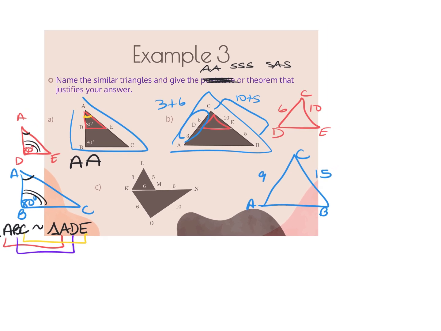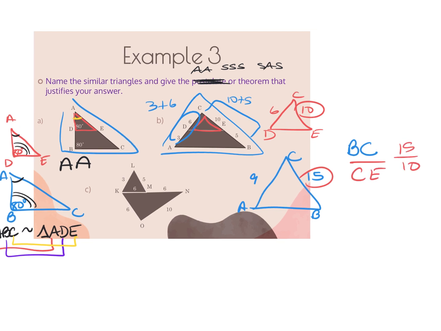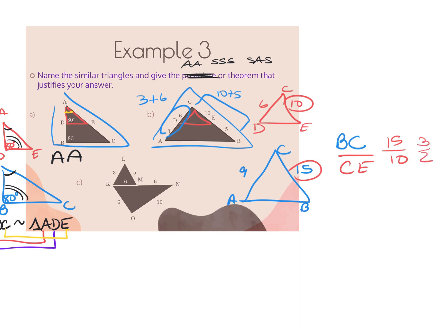So what I could do is check that BC is proportional to the biggest number here, which is 10. So I could do CE. So 15 over 10 simplifies to 3 to 2. Then I could do the smallest number. So I would check to see that AC is proportional to CD, 9 over 6, 3 to 2.